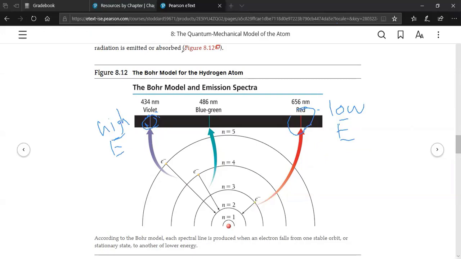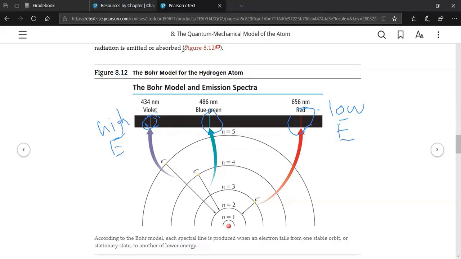Well, why is there a low energy one and a high energy one and not anything in between except for this other kind of bluish color right here? That's kind of in between. Well, it's because of transitions between the orbits in the atom itself.